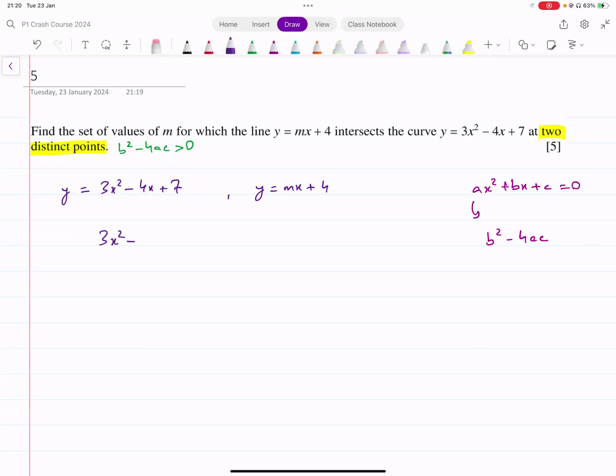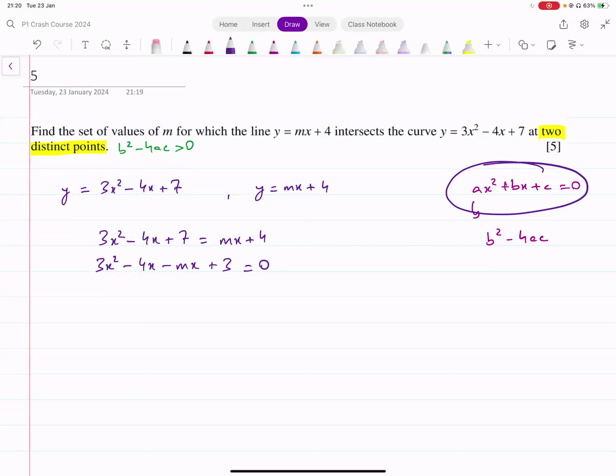We get 3x squared minus 4x plus 7 equal to mx plus 4. Now we take everything to the left side. That gives us 3x squared minus 4x. We write the like terms together: x terms together, minus 4x minus mx, then plus 7 minus 4, that's plus 3. This equals 0.